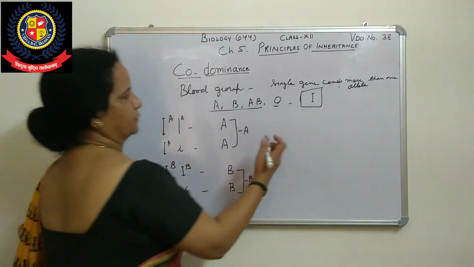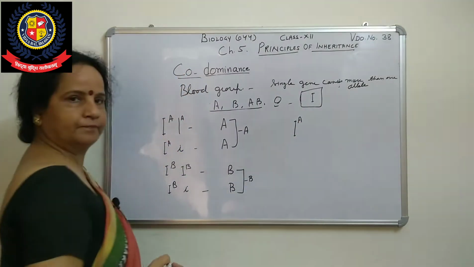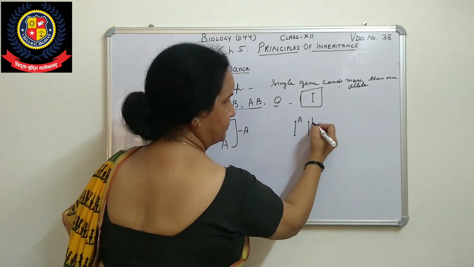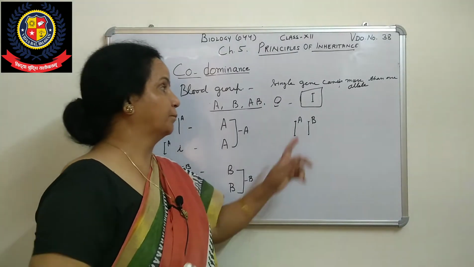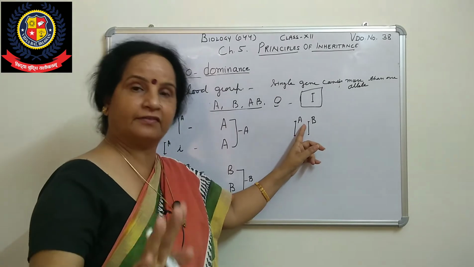Now the third condition may be I A and then here I B. So what blood group is there? Both are dominant. No one will be recessive.